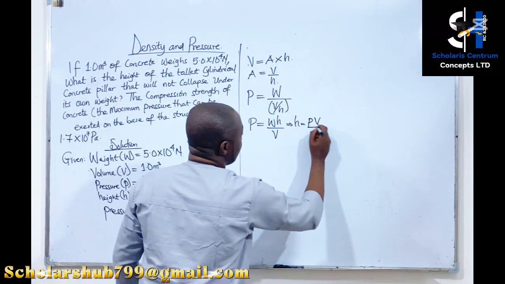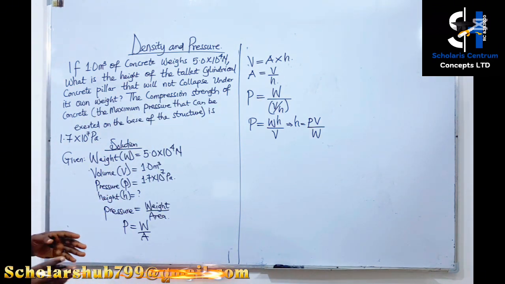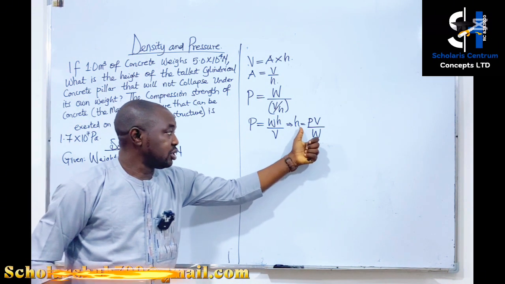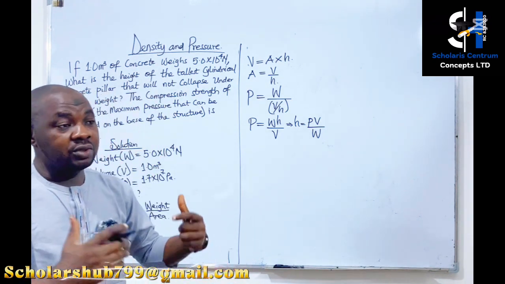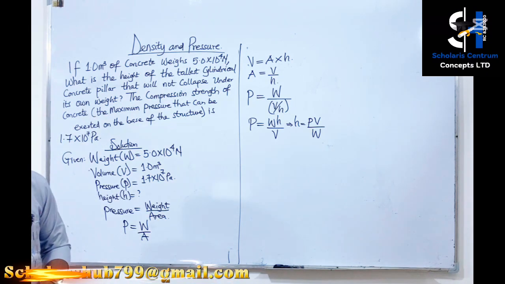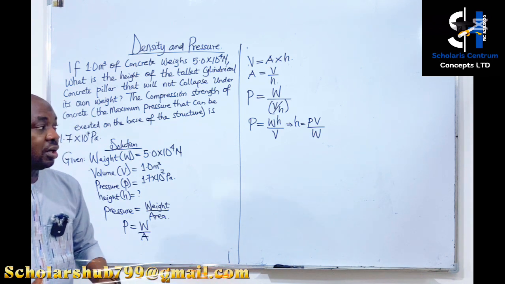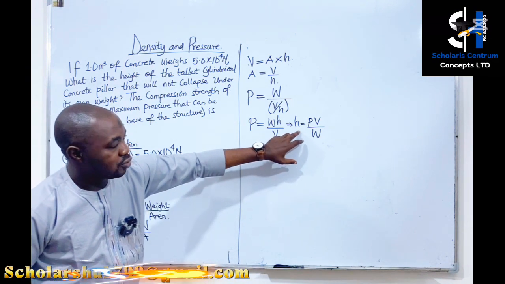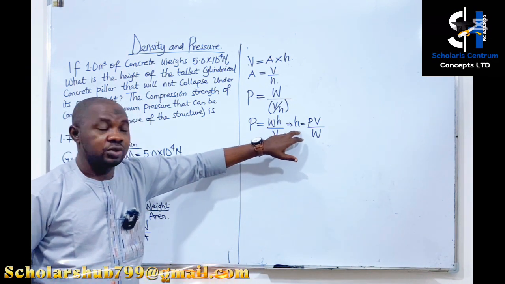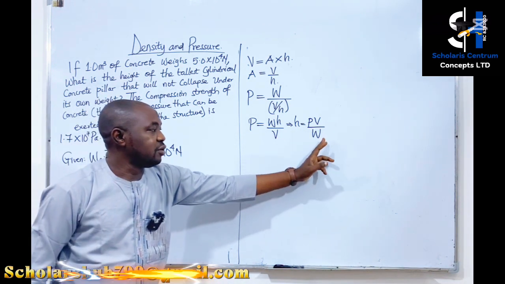That will be PV over W. So the height of the tallest cylindrical concrete pillar that will not collapse under its own weight has the formula H equals PV over W. That is according to this question, because there are other cases, like when we are looking at some questions on what we call strength of material, where a lot of formulas will come up that will lead us on to how to derive the formula for height H.